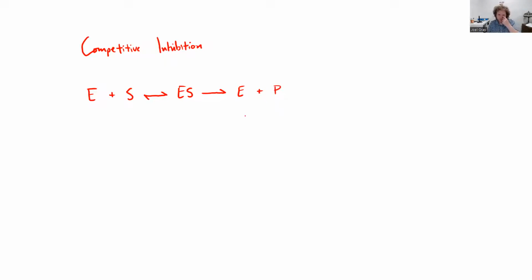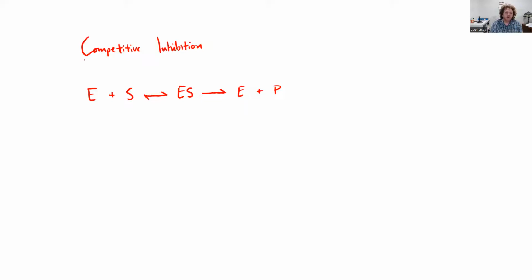You could look at this as two steps and then a conclusion. The first step is the enzyme and the substrate both have to be present. The second step is the enzyme and the substrate have to form that complex. And then the conclusion is the release of that product.